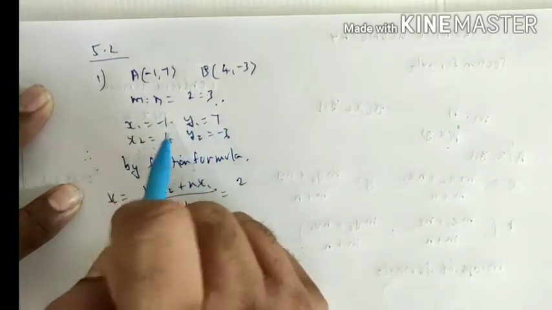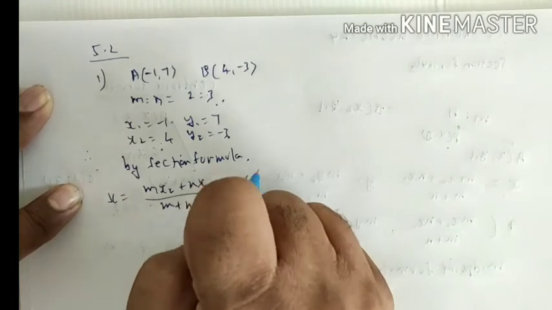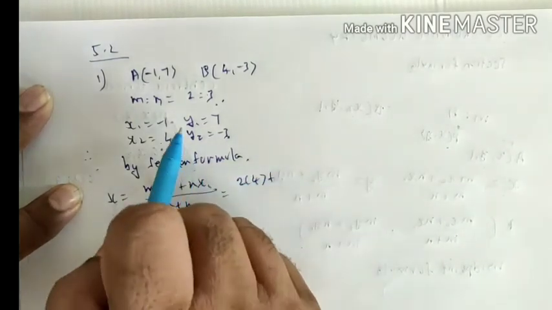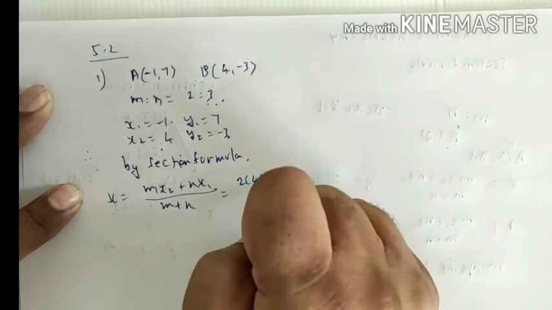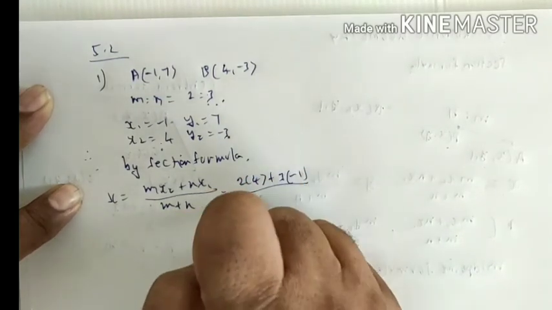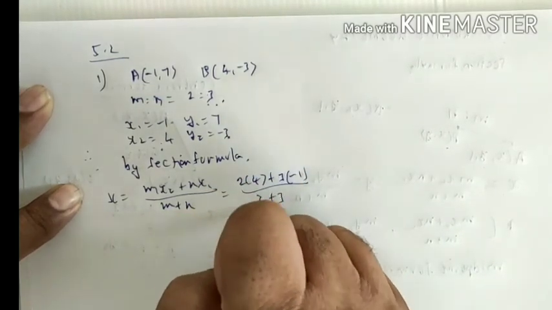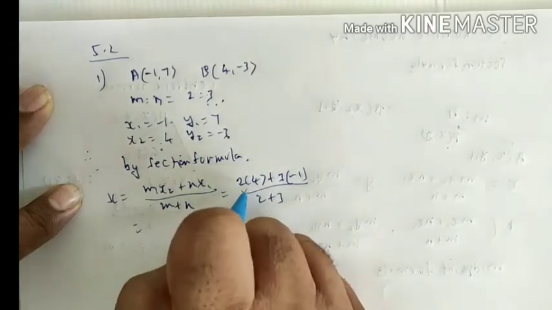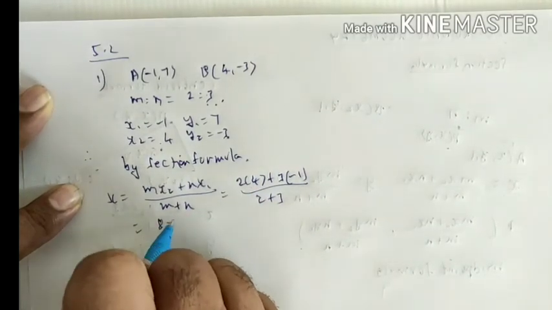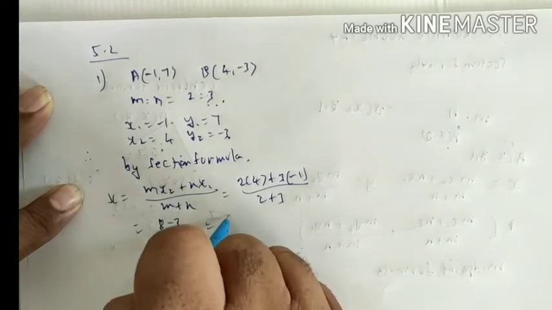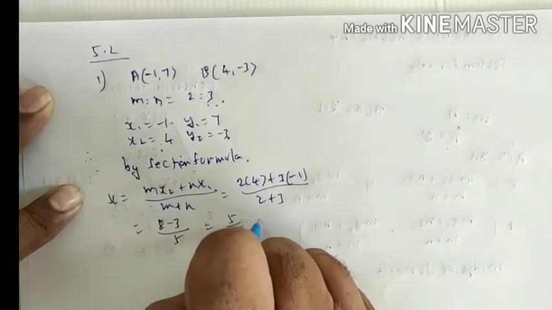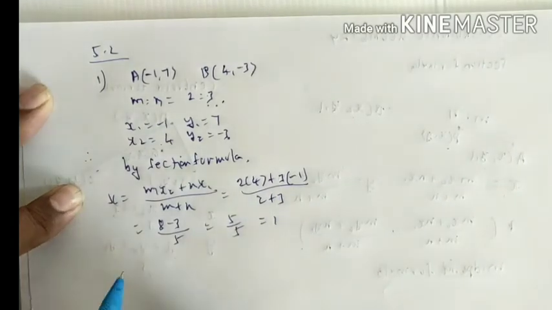What is x2? Into 4 plus, what is n here? N is 3. What is x1? x1 is -1 upon 2 plus 3. So how much we get? 8 minus 3 upon 5. 8 minus 3 is 5. 5 upon 5, we get x is equal to 1.